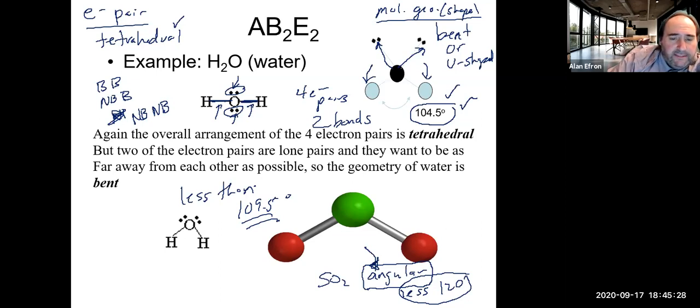Okay, so let's then talk about, these are probably some of the ones you're familiar with still. We saw a couple of those expanded octet exceptions. We're now going to see some more geometries that are related to those, and these are going to be our expanded octets that have non-bonding electrons around them.